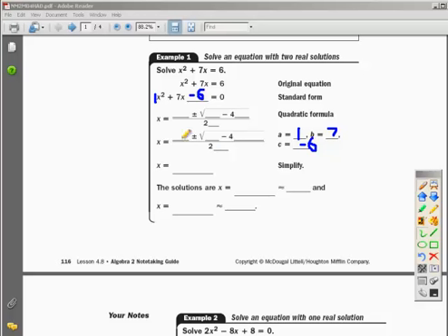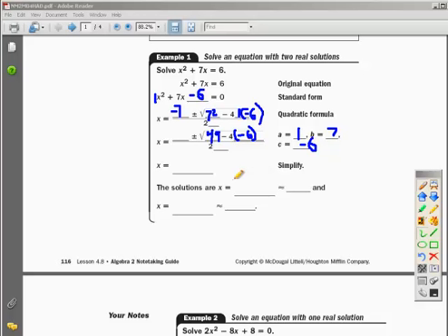And so if I go through the whole deal, x equals the opposite of b plus or minus the square root of b squared minus 4ac, all over 2 times a. If you do the discriminant first, you're going to get 49 minus 4 times 1 times negative 6, which is just negative 6.